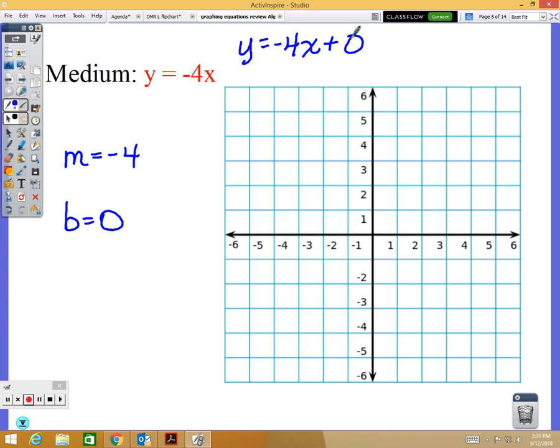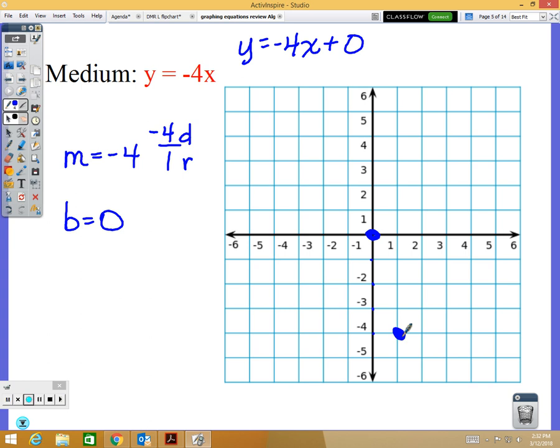So when the y-intercept is 0, that's just 0 on the y-axis, which is right at the origin. Okay, so there's your y-intercept. Your slope is negative 4, which would be negative 4 over 1, down right. So down 4, right 1. And there it is. Any questions about that one?